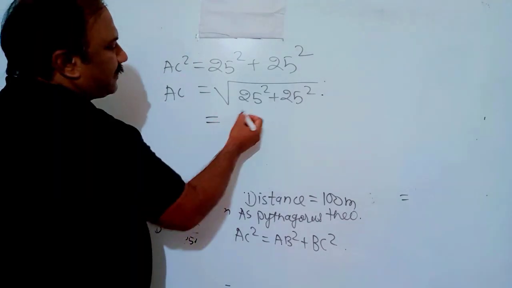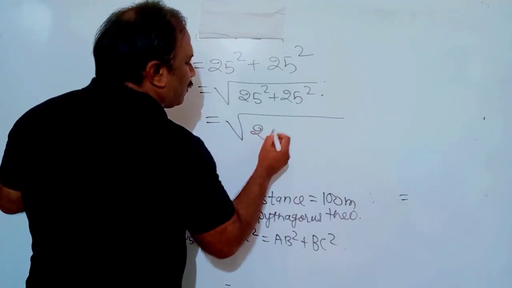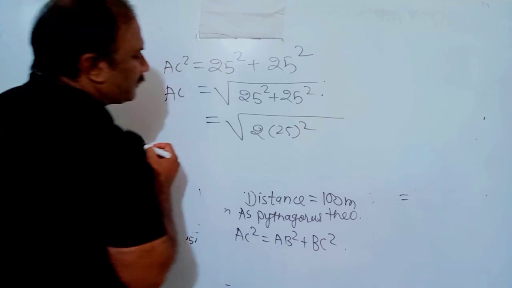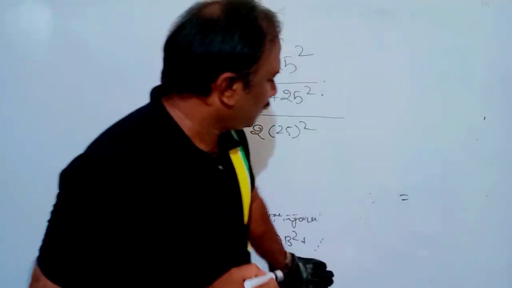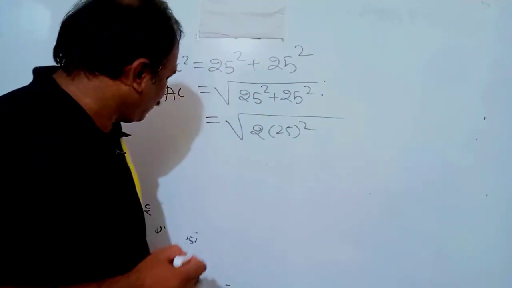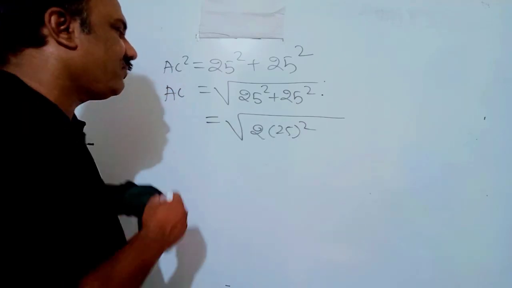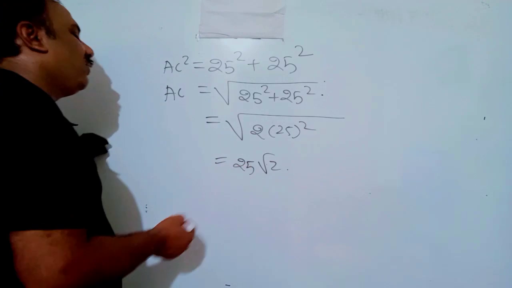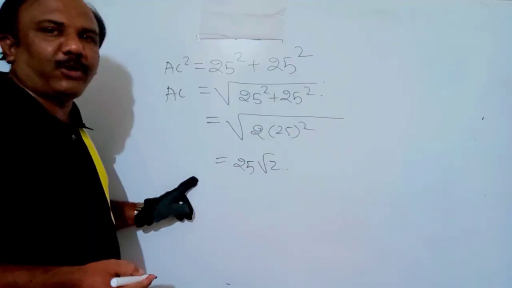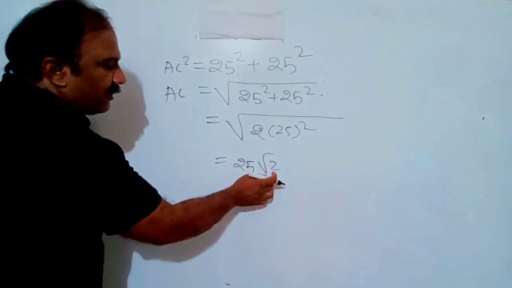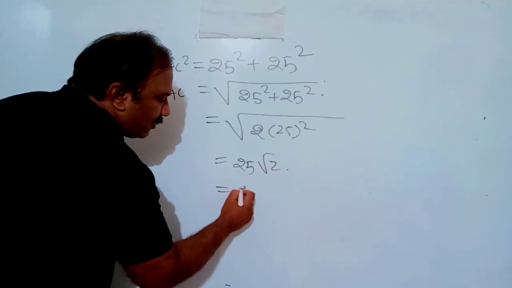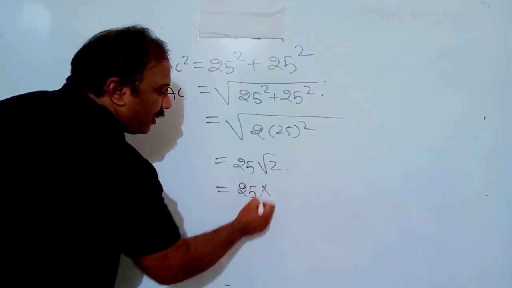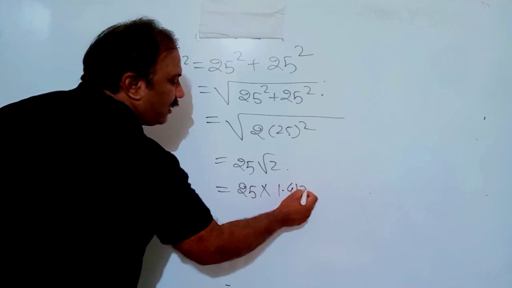So AC is equal to under root 2 into 25 square. So what is AC? The square root of 25 square is 25. So 25 root 2. As the value of root 2 is given as 1.412, put in the value of root 2. So 25 into 1.412.